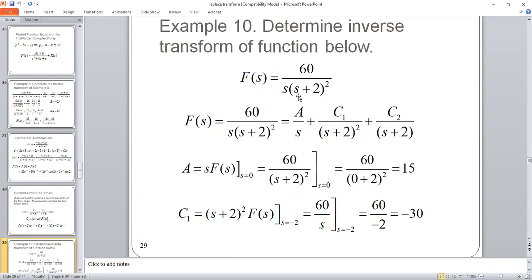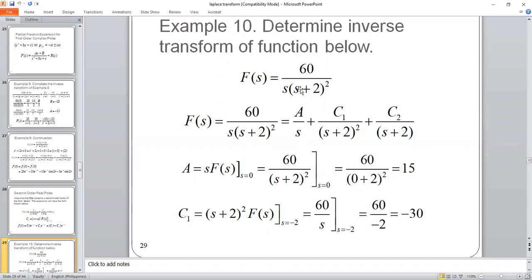If you look at this, actually all of these are linear roots. Linear in the sense that this is linear. You don't view this as quadratic. This is repeated linear, or we call this linear with multiple poles.